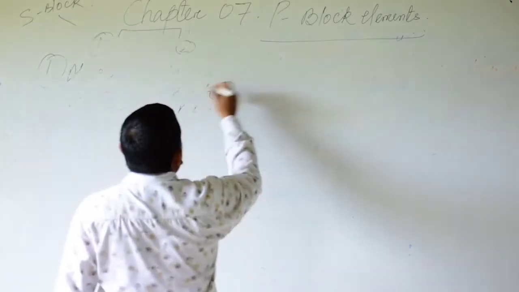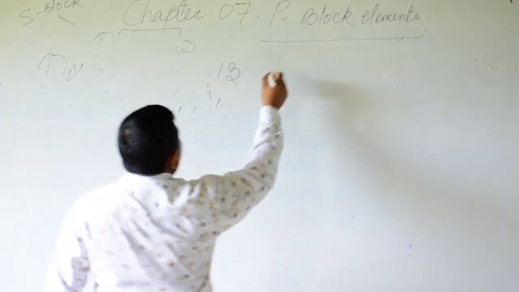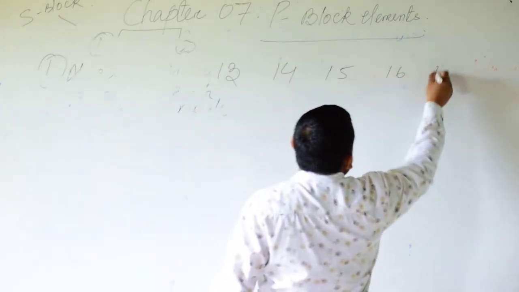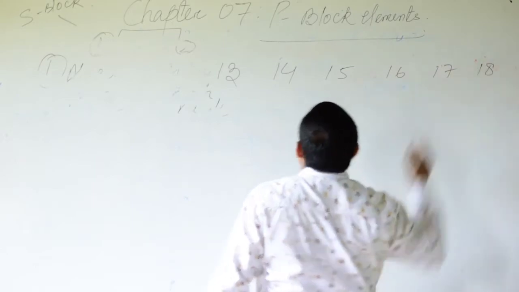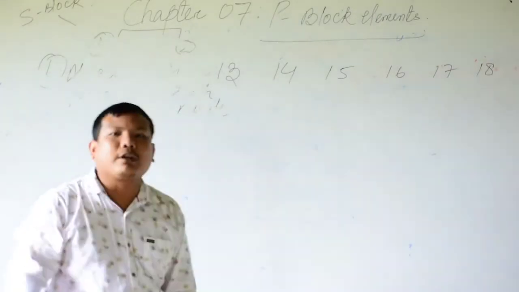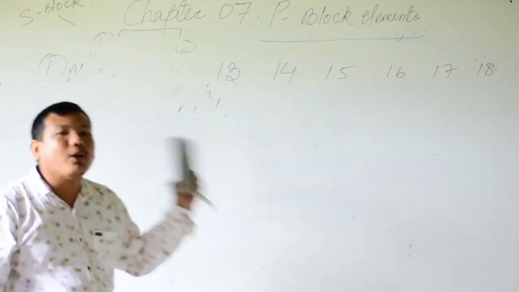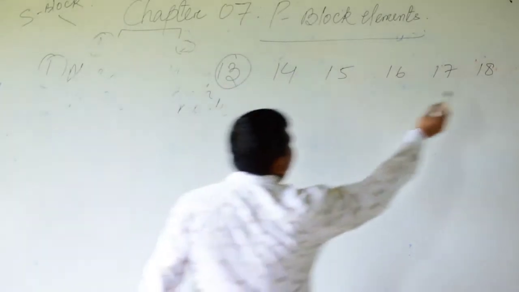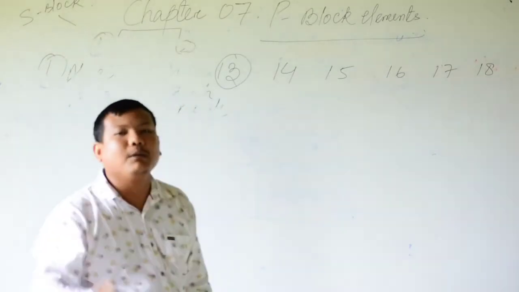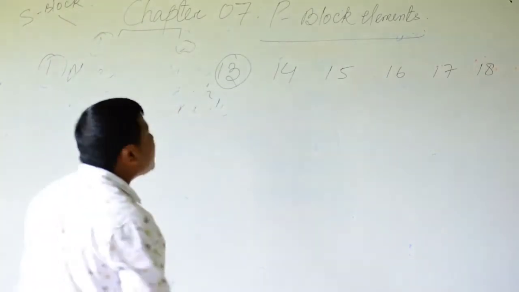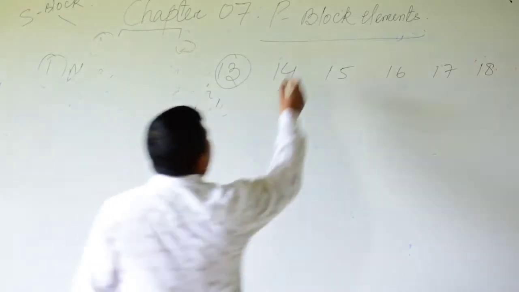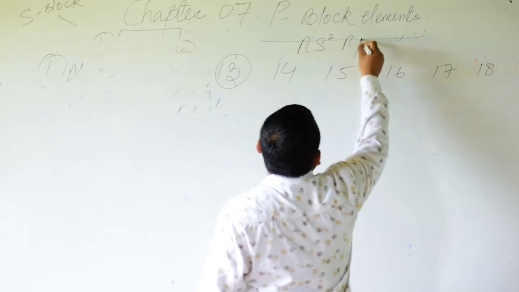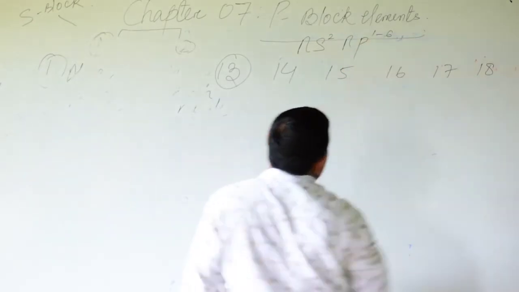So I will start from group number 13, 14, then 15, then 16, then 17, then 18. As we know, the groups from 13 to 18 are known as P block elements, and the configuration is ns2 np1 to 6.